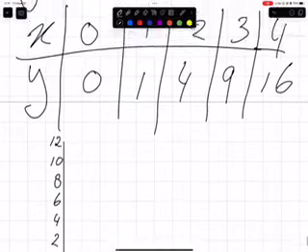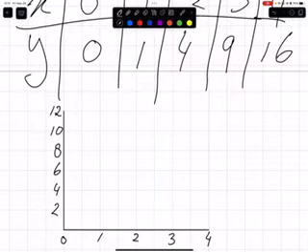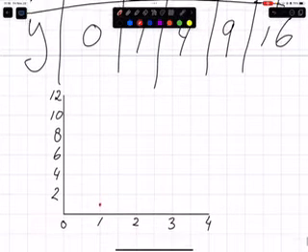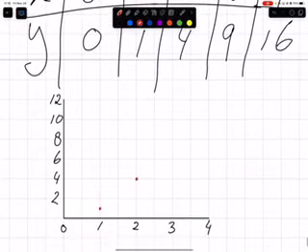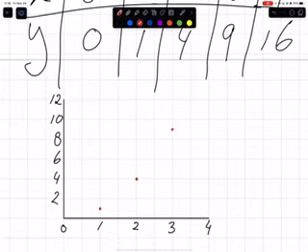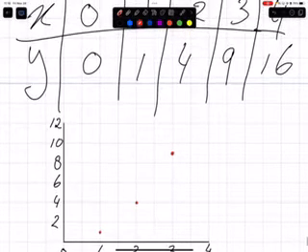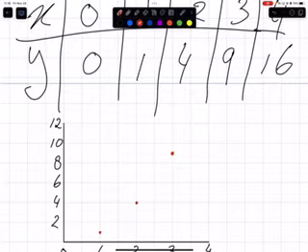At 0, it's 0. At 1, it's 1. At 2, it's 4. At 3, it's 9. And at 4, it's 16, which is all the way 14, 16, should be here.